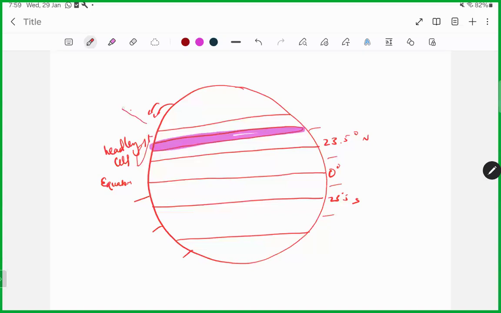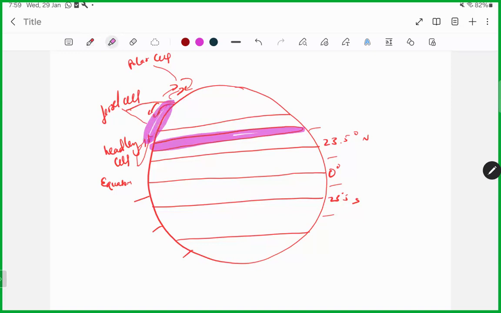This area is known as the Ferrel cell, and this area is known as the polar cell. In the area of the polar cell, cyclones do not occur, but between the Ferrel cell and the Hadley cell, in this area, the extratropical cyclones occur.